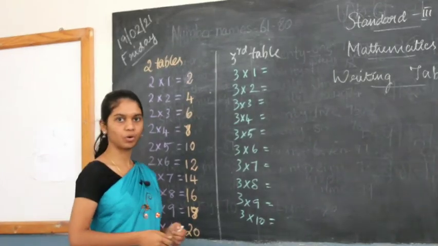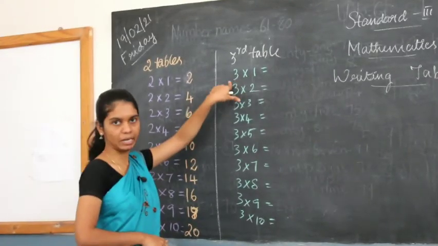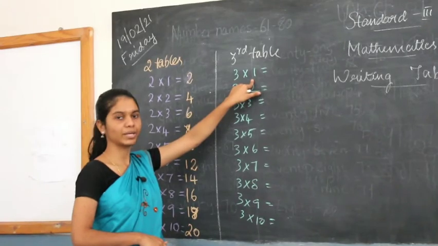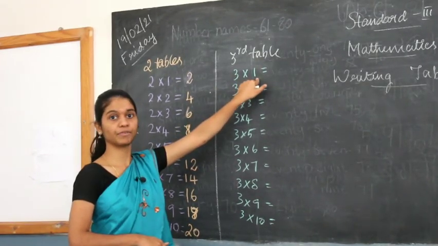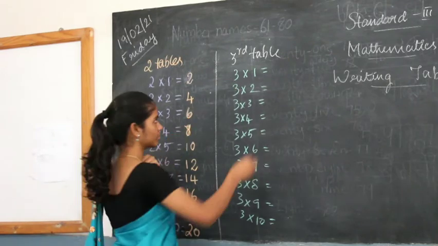Now first you know that whenever you multiply any number with 1, you will get the same number. So 3 multiplied with 1 will give you 3.